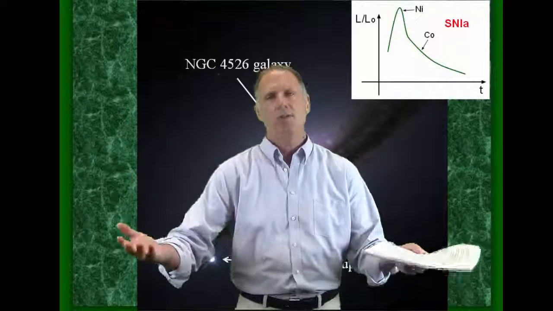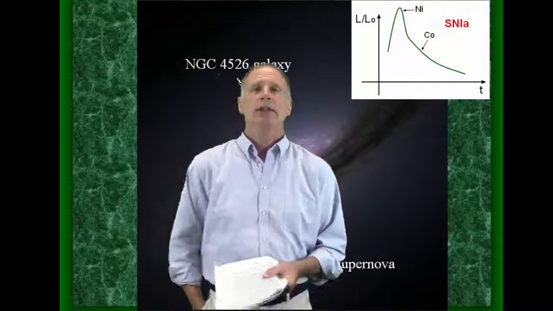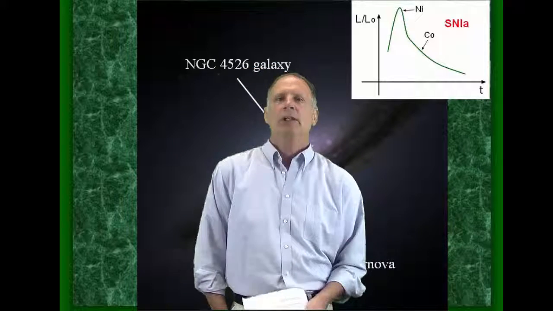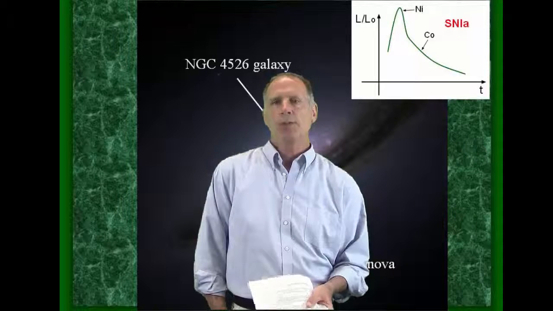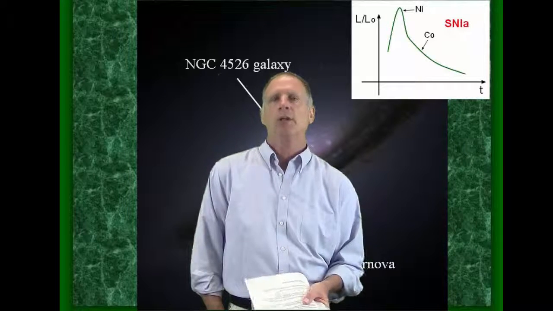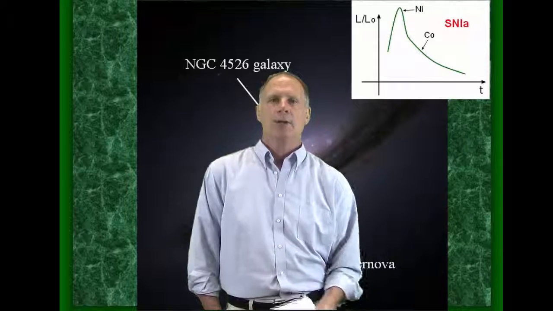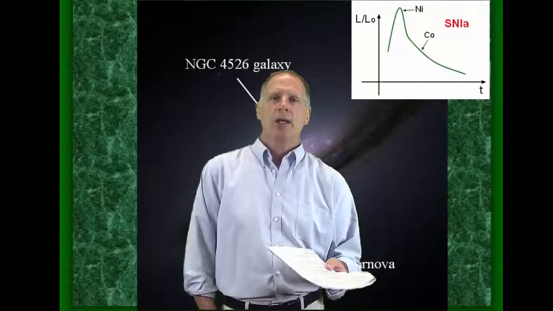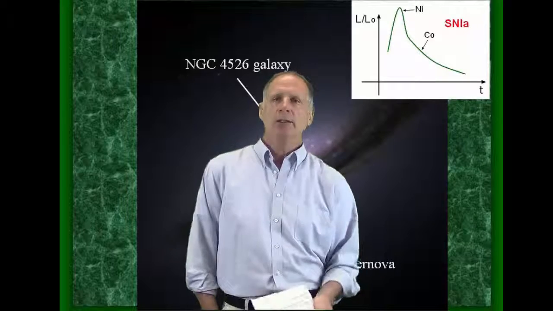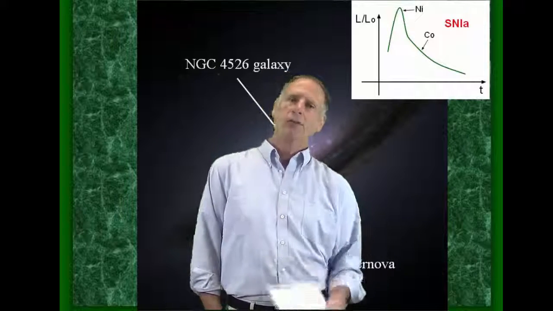Now, it's more complicated than that, but that's basically the concept. In other words, we can use type 1 supernovae to determine how far away they are, and as a consequence, get an idea of the scale factor of the universe.